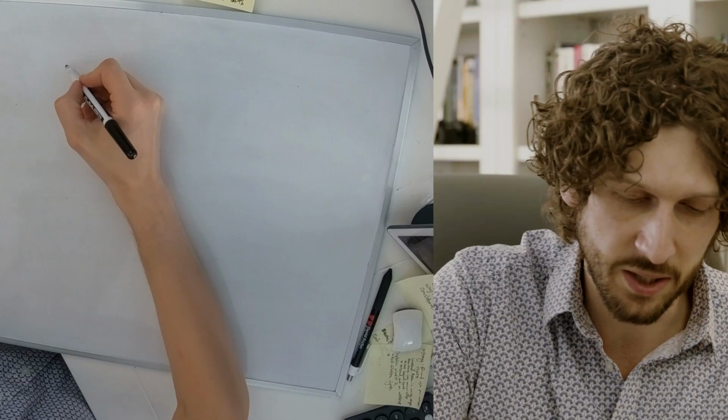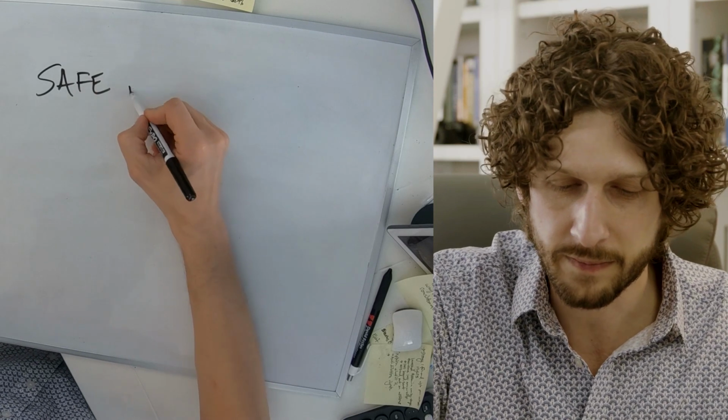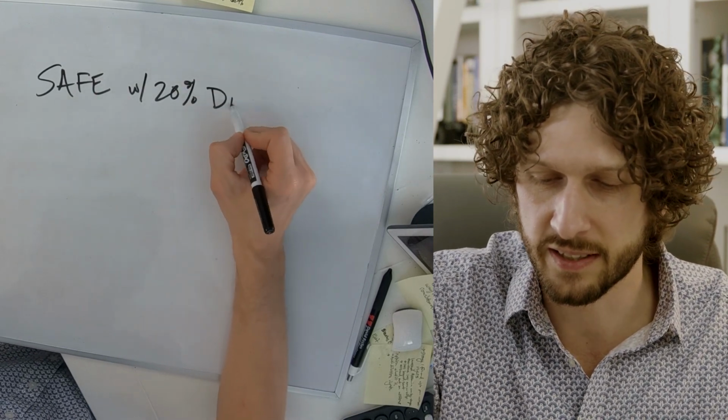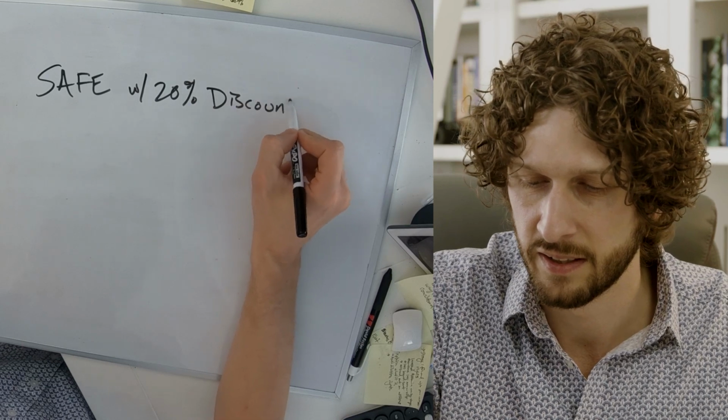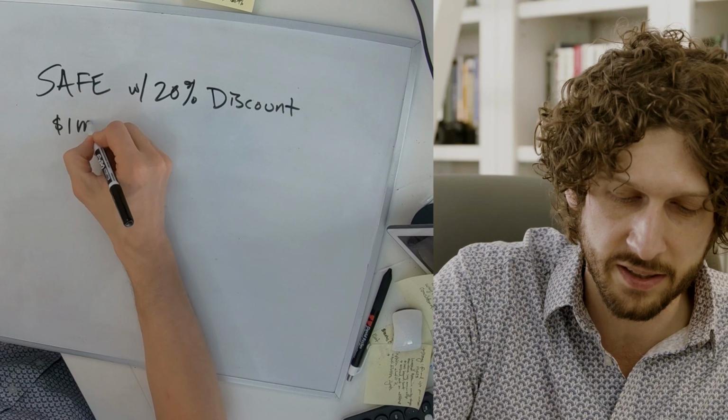Let's say that you invest in a SAFE with a 20% discount to the next round. Well, this is really simple. Let's say I put in $1 million.